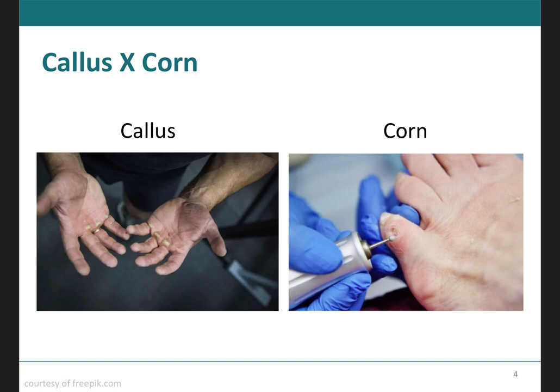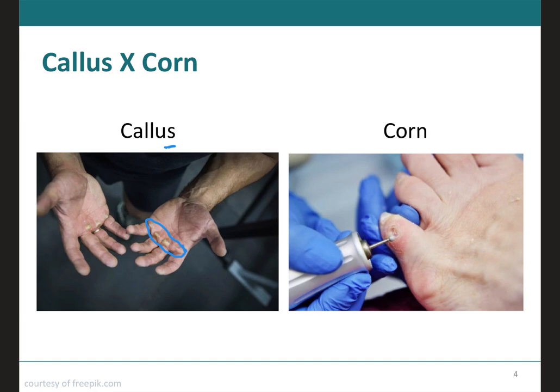Therefore, on the image on the left, we can see this individual has a lot of calluses located in the palm of the hand, probably from doing a lot of work with heavy material, or even individuals that lift a lot of weight in the gym, they will show signs of calluses in the palms of their hands.